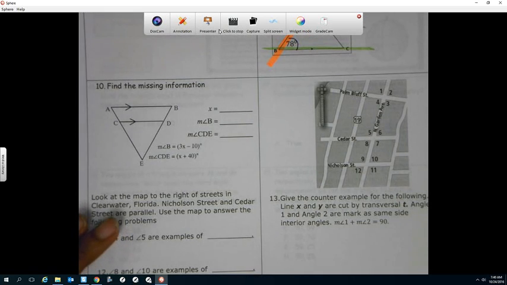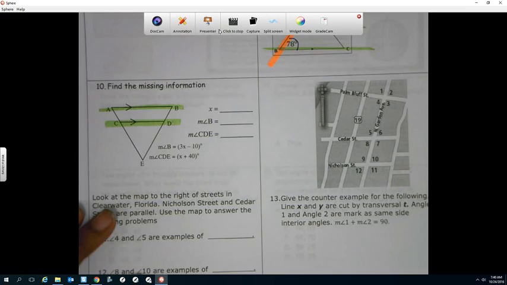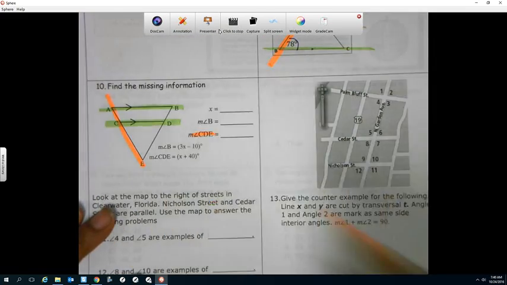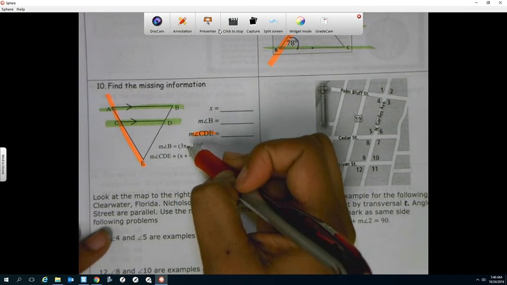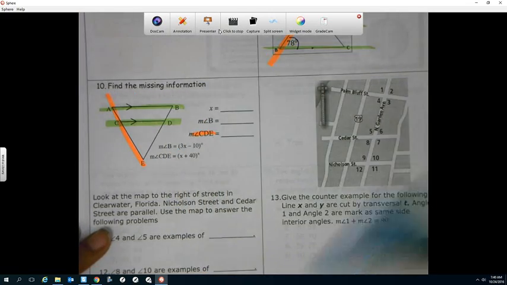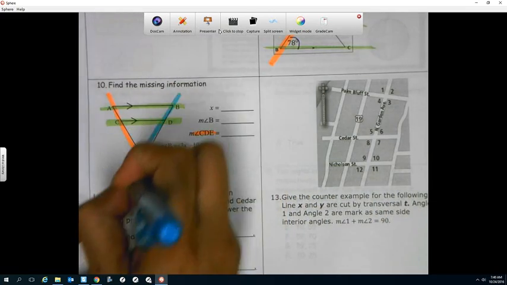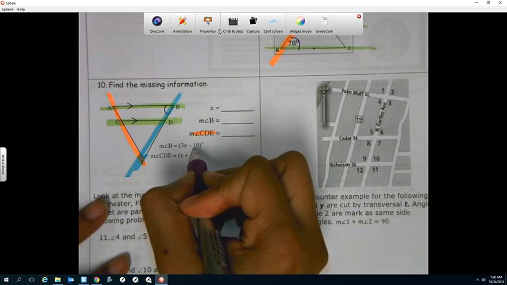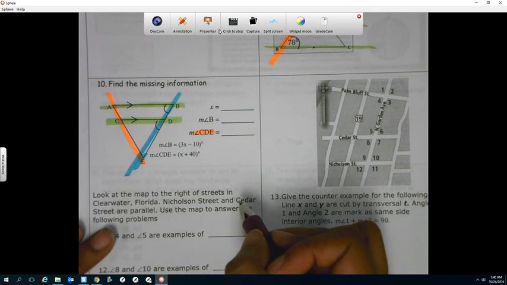So on number 10, again, we have parallel lines. We want to find our transversal, and I'm going to use this transversal since we're talking about CDE. Angle B, we got this transversal here, is 3x minus 10, and CDE, those two angles, our hint here is that we have corresponding angles.